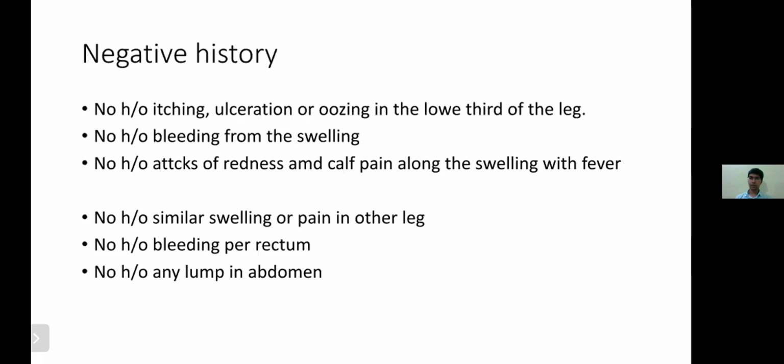For varicosities in the perineum, can someone tell me in females what is the syndrome known as? So it's the pelvic congestion syndrome. Sometimes there are varicosities in the perineal area, in the vulva and the perineum, which is pelvic congestion syndrome.